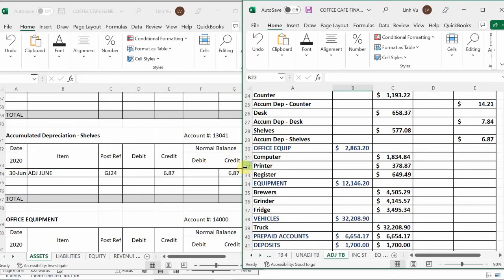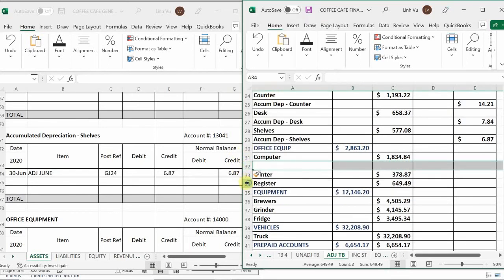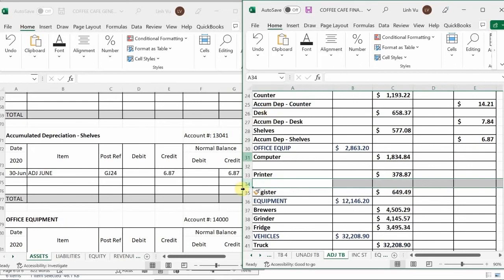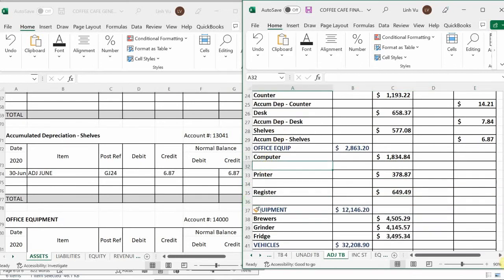Okay, and I have to do that for every single fixed asset. So that means the next one is going to be for my computer, for my printer, and for my register. Okay.